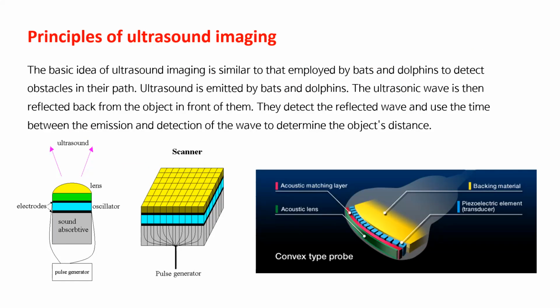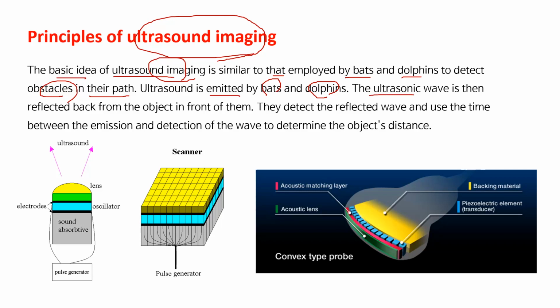Now let's see how the ultrasonic imaging is performed. The basic idea of ultrasound imaging is similar to that employed by bats and dolphins to detect obstacles in their path. Ultrasound is emitted by bats and dolphins.